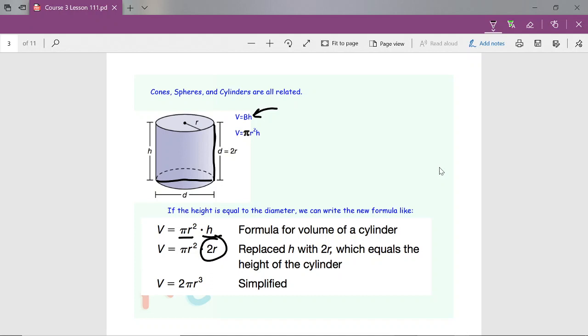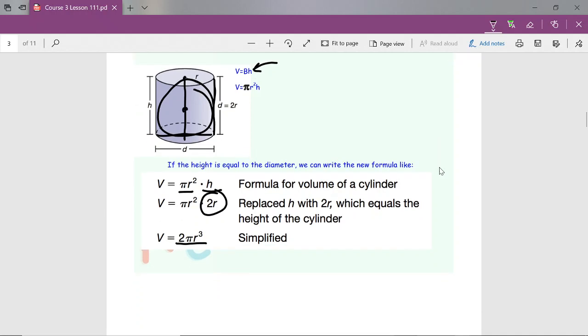You can think about it this way: from the middle of the sphere, we would have a radius and another radius. So 2 radiuses is the height of this cylinder. So I simplified to get 2 pi r cubed. Interesting that we can also assume the volume of a cylinder that's the same diameter as it is the height.